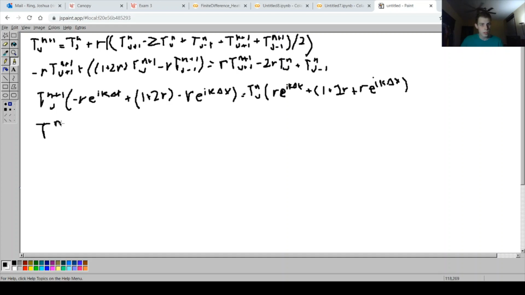So we have our T n plus 1 j, and then that is going to be set equal to just a regular T n j. We are going to have 2r cosine of k delta x. So that stays the same, just like the last part.